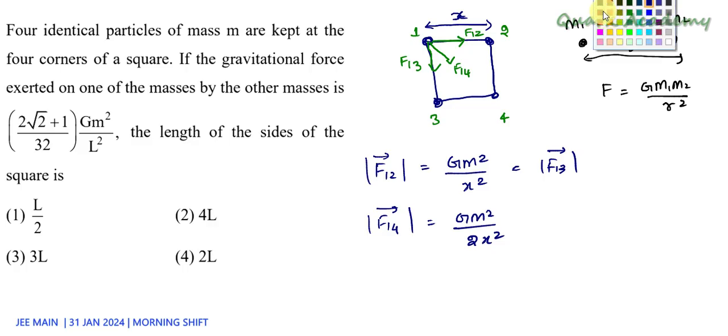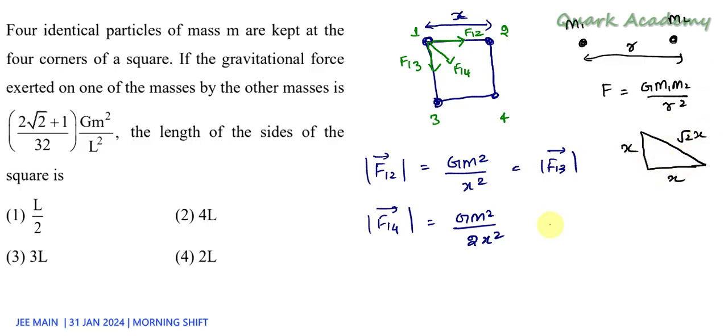Here the distance between 1 and 4 is root 2 x. I'll explain how, using trigonometry. This is a right angle triangle where both the sides are x, so the hypotenuse is going to be root 2 x. I'm using the Pythagoras theorem.